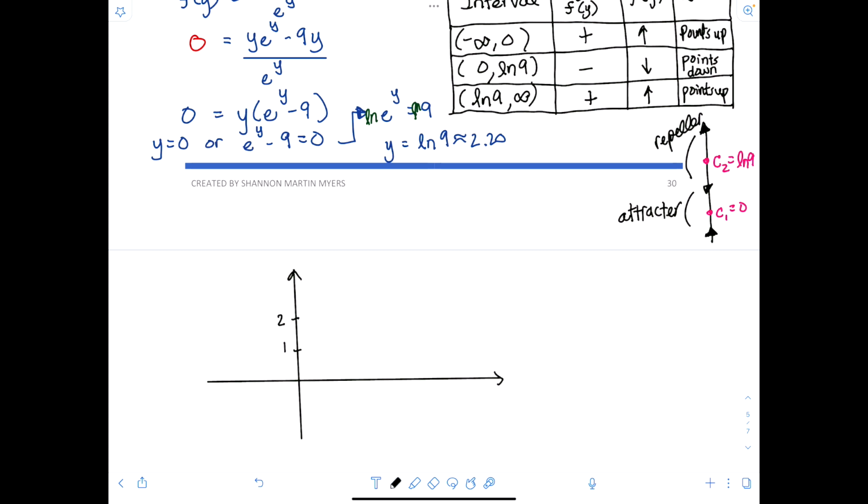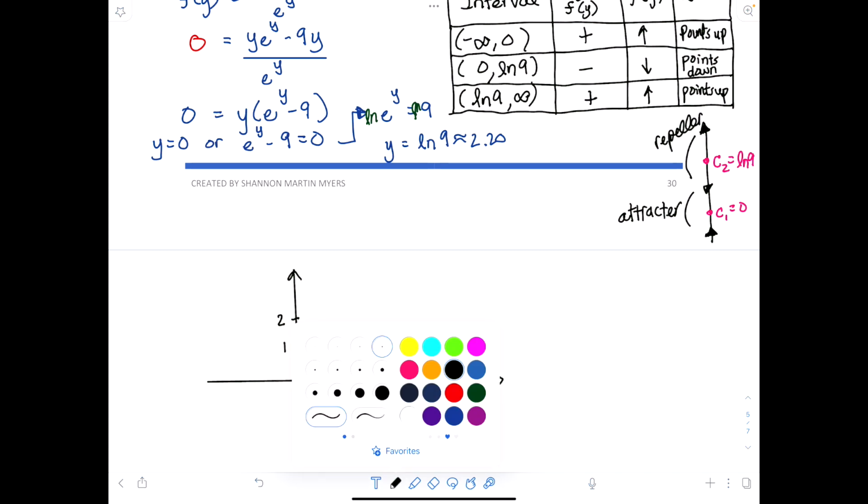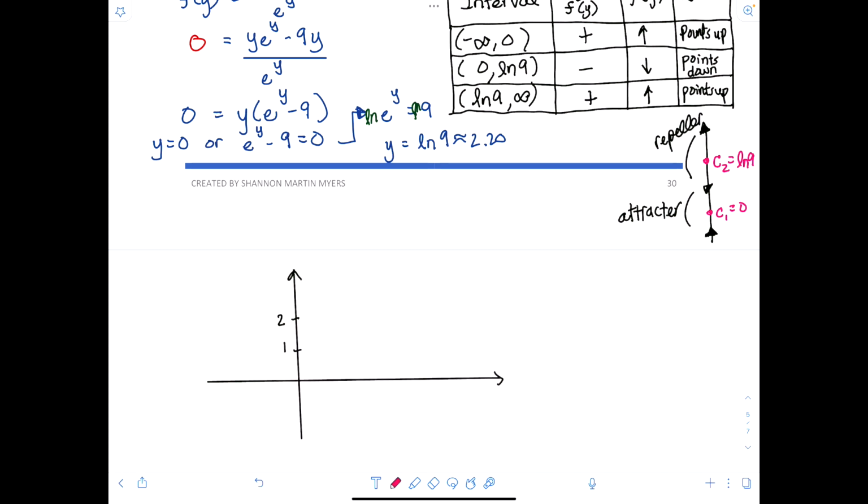So you basically have y of x equal to 0, so that's one of the lines. And then we have this guy here, where y of x was equal to natural log of 9.